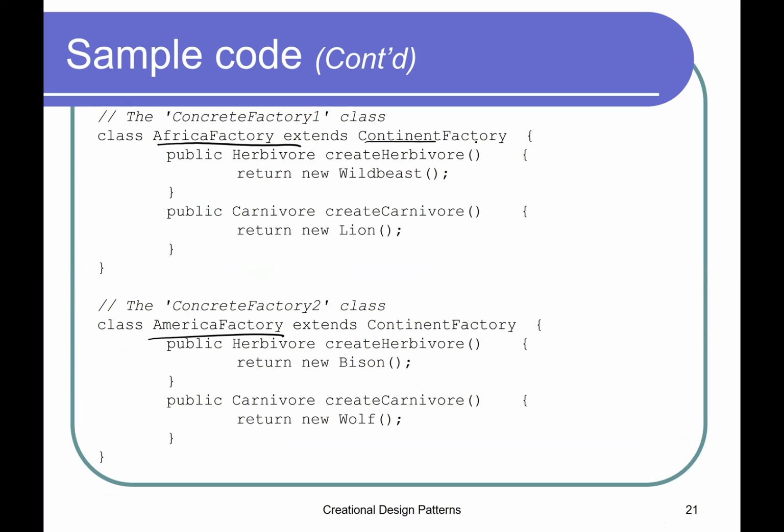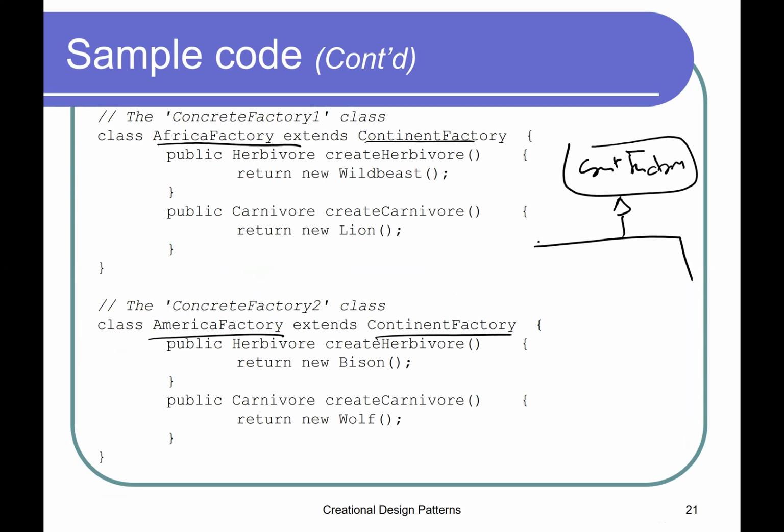Both of them, if you notice, extend the continent factory. So remember, we had the continent factory, and then now we're going to have the Africa factory and also the America factory.